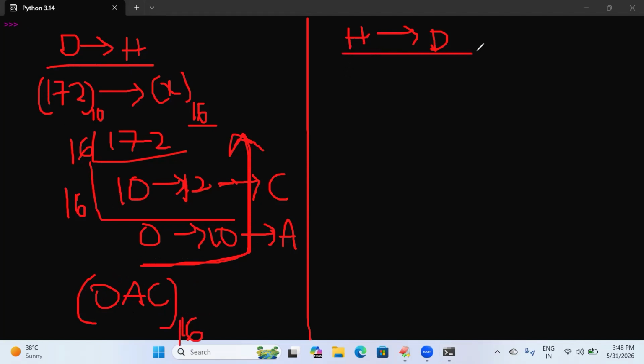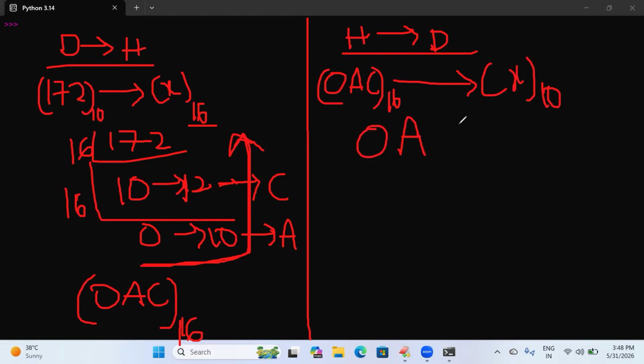I'm taking the same hexadecimal value 0AC of base 16. I have to convert this into base 10. So if we ignore 0 also, no problem. So if we take AC like this, we are converting hexa to decimal, right? So we have to take this base, 16 and here also 16.